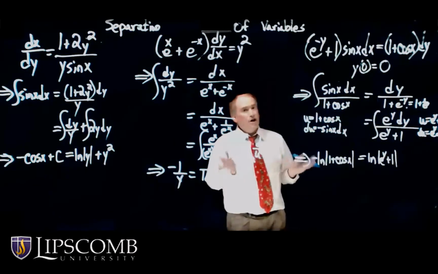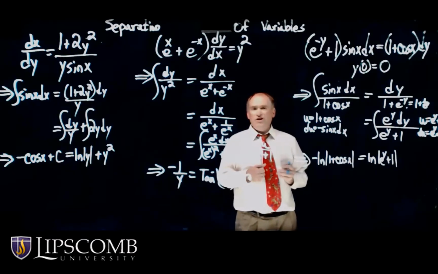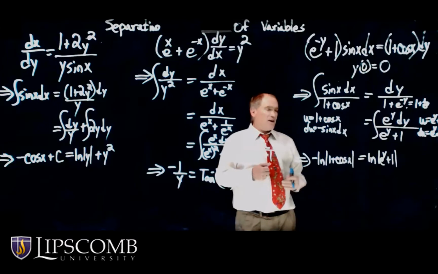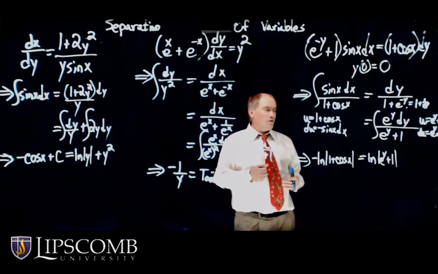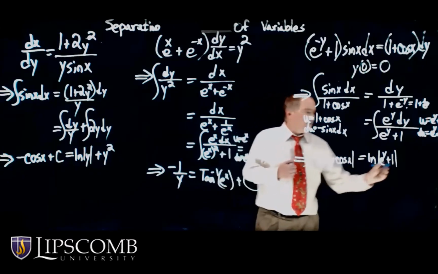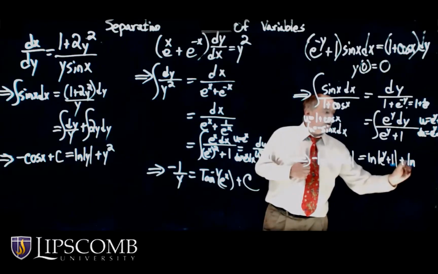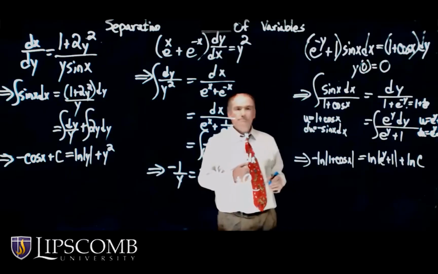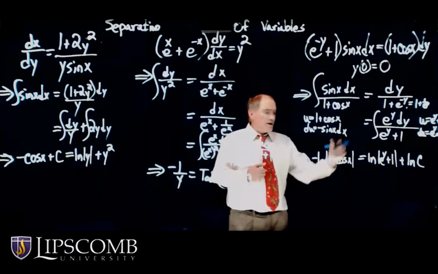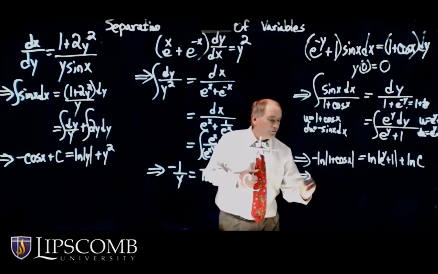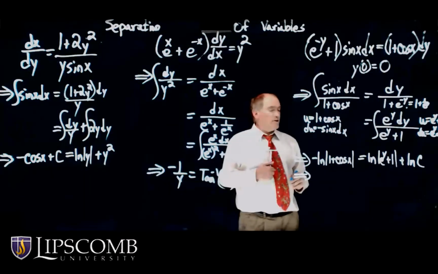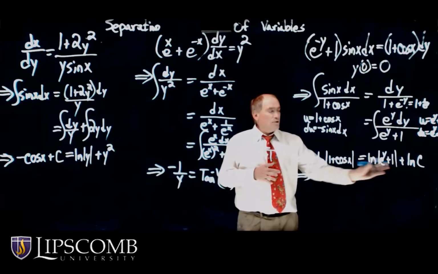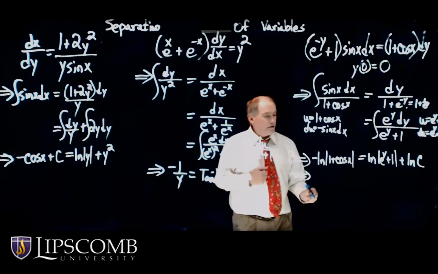Now, I have not written my plus c yet. I notice I have natural logs here. So why don't we put a plus ln of c, just to make it easier so that I have all natural logs. So what do I have here? Let's put this with this one, and let's take this one over to the other side.